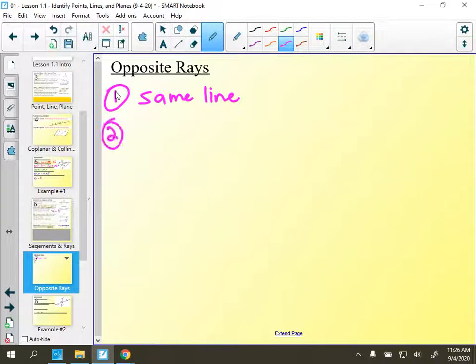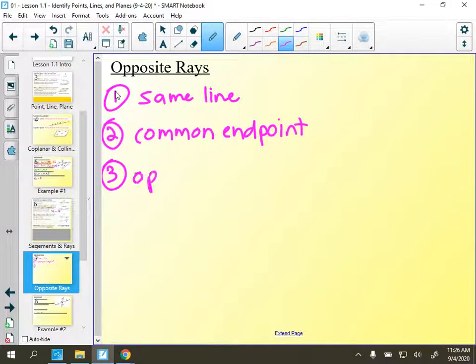They need to share a common endpoint, and they need to go in opposite directions. And that's a little less formal.